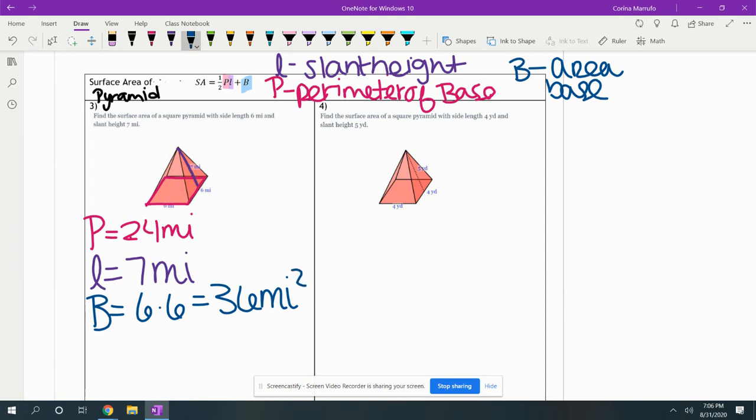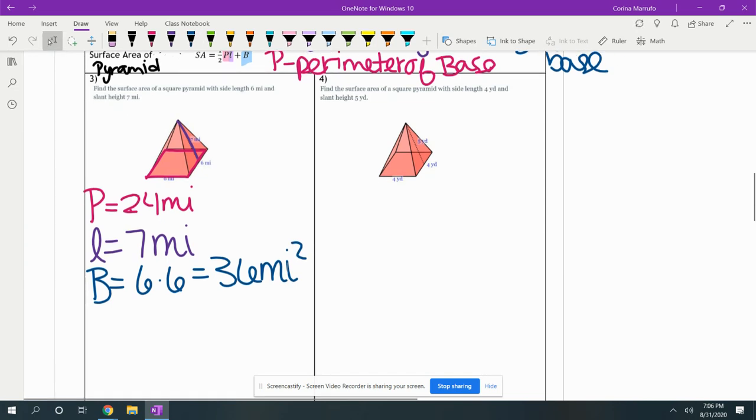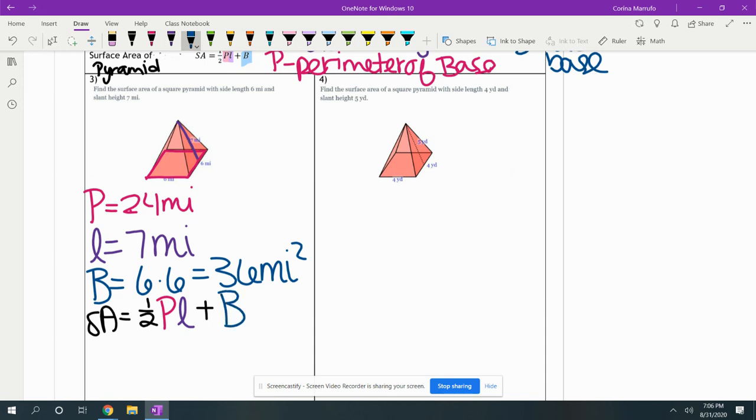So now that we have all that information, we can go ahead and plug it into our surface area formula for pyramids. So SA equals 1/2 our perimeter times our slant height plus big B, which is the area of the base.